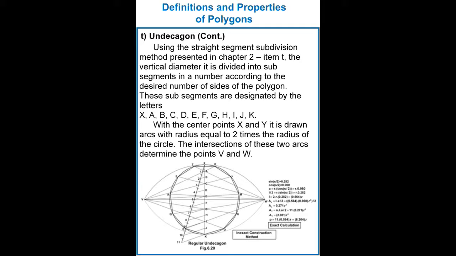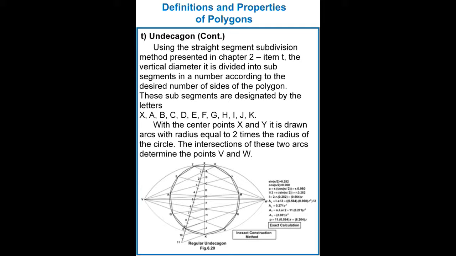In this slide, the construction of the regular polygon Undecagon is continued. Figure 6.20 is represented. The subdivision method of a line segment in n subsegments, presented in chapter 2, is used. The number n is equal to the number of sides of the polygon.